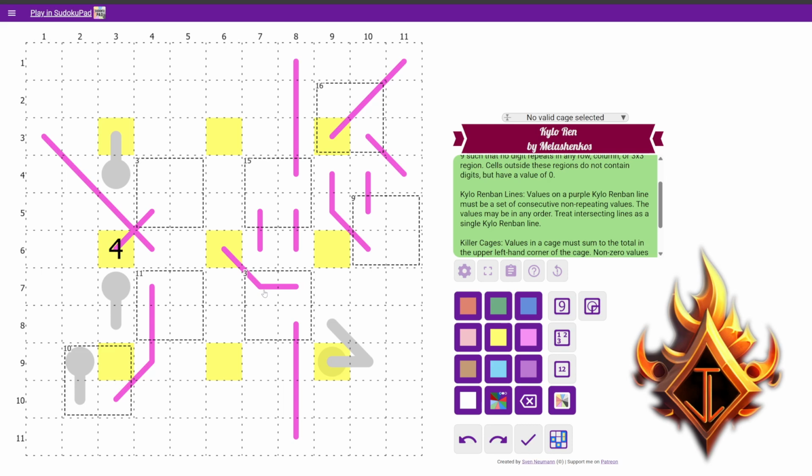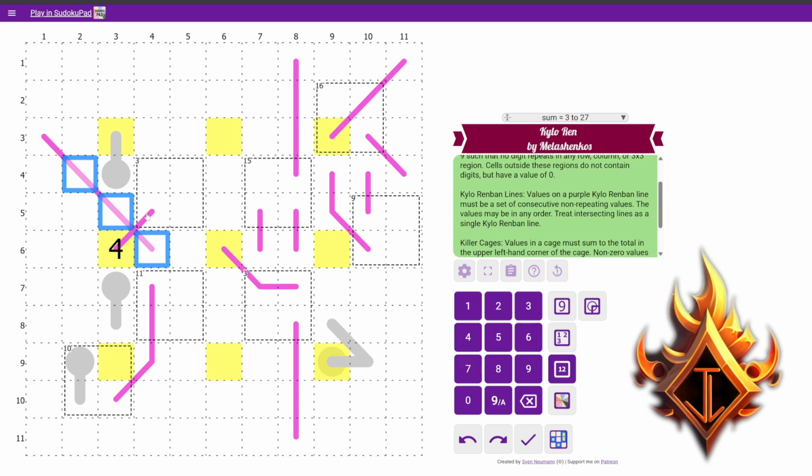So either 3 of these, although those 2 cannot both be gray, but that one could be gray, that one could be yellow, and it could be 0, 1, 2, or something like that. Also, there could be a 0 on this line.